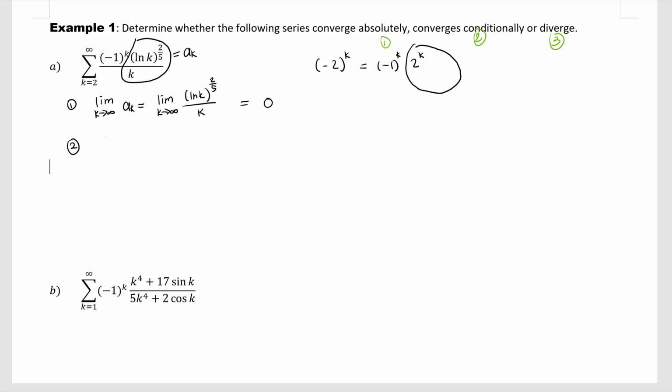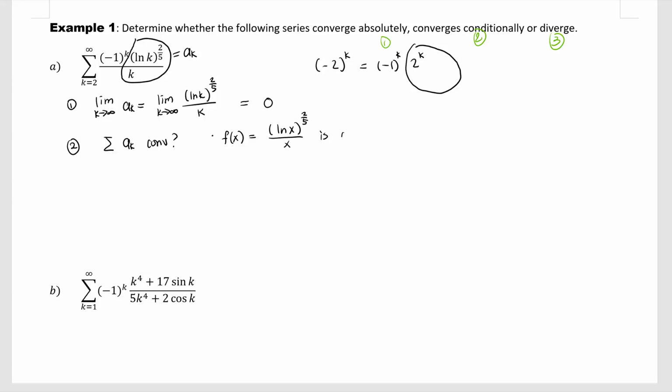In step 2, we want to ask whether the series of a sub k converges. Let's look at the series. The series is ln of k to the 2/5 over k, and you can see there's 1 over k in this term, and 1 over k is the derivative of ln of k. So this is an integrable function, and we use the integral test. First we define f of x, that is, replace k by x.